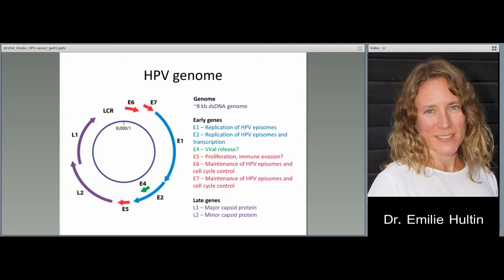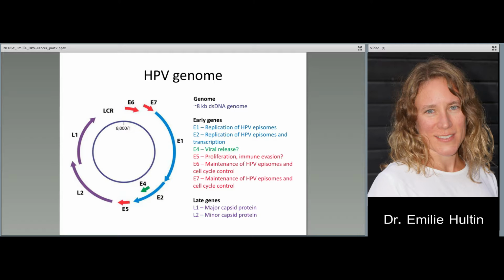E1 and E2 are the first genes that are transcribed when HPV is infecting human cells. These E1 and E2 genes are involved in the replication of HPV episomes. E4 is believed to be involved in viral release.